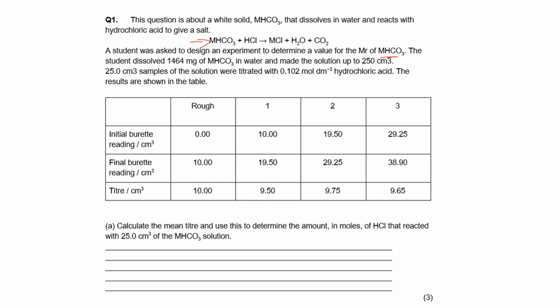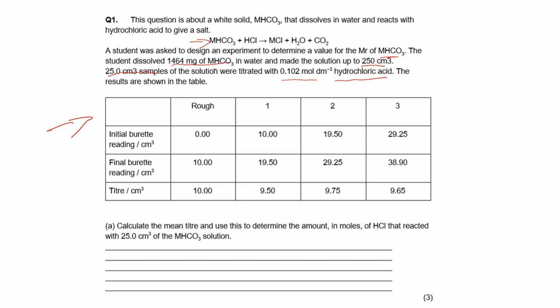The student dissolved 1464 milligram of MHCO3 in water and made the solution up to 250 cm cube. 25 cm cube samples of the solution were titrated with 0.102 mole per dm cube hydrochloric acid. The results are shown in the table. Okay, so we have the results of the titration in this table.